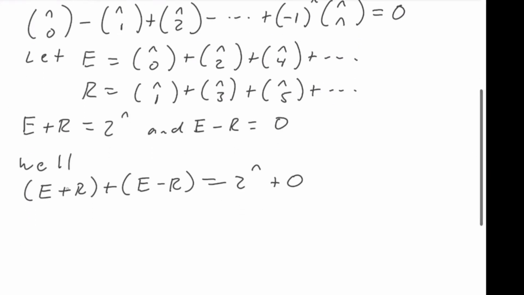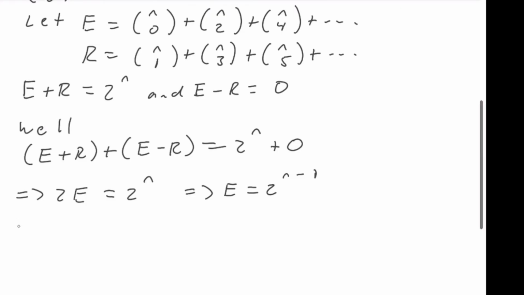So e plus e is 2e, r minus r is 0, so we know 2e is equal to 2 to the n, because 2 to the n plus 0 is 2 to the n. And then of course, if we divide both sides by 2, I get e is equal to 2 to the n minus 1.